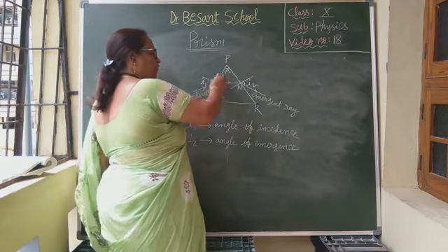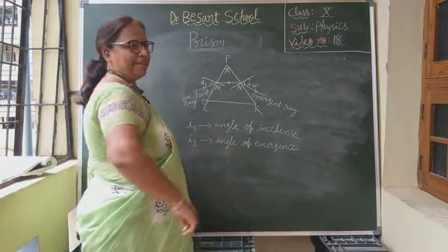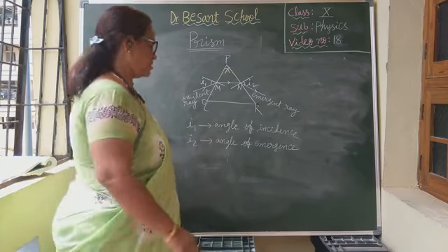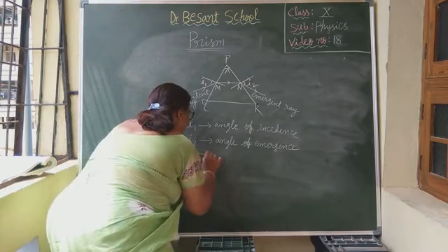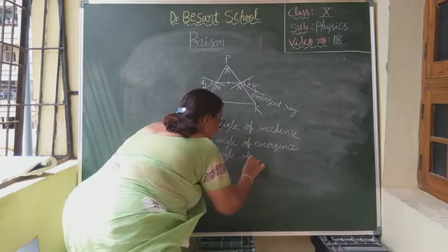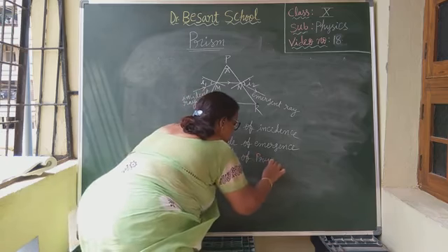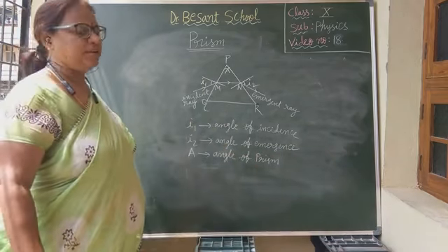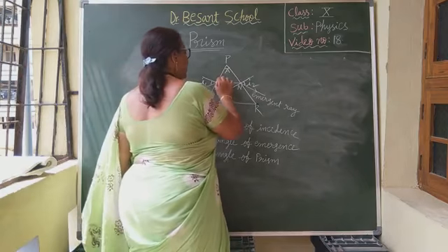So the angle formed between the two inclined surfaces PQ and PR is called the angle of prism, represented with A. So A is the angle of prism. Clear, children?